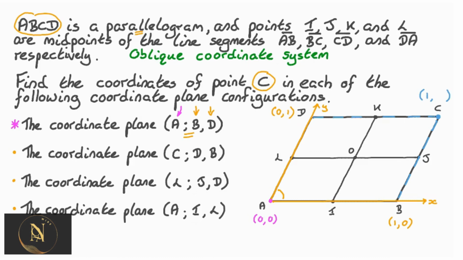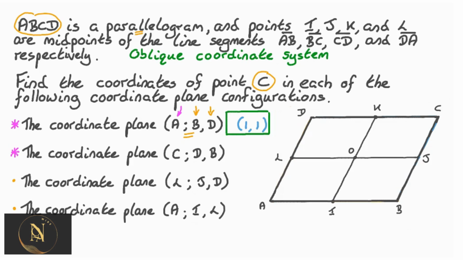We can then repeat this process to find the y-coordinate of point C. We look for a line parallel to the x-axis that passes through point C. This is the line DC, and it intersects the y-axis at point D. We can therefore conclude that point C has coordinates 1, 1. If the coordinate plane is ABD, then point C has coordinates 1, 1.